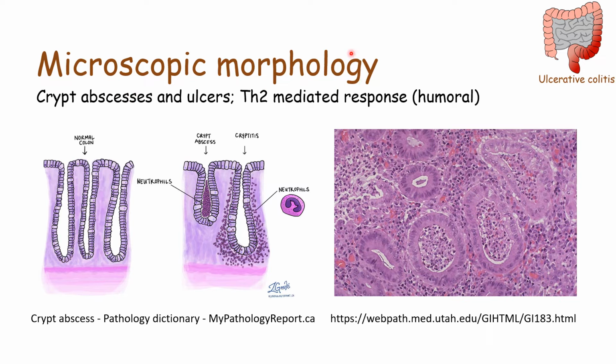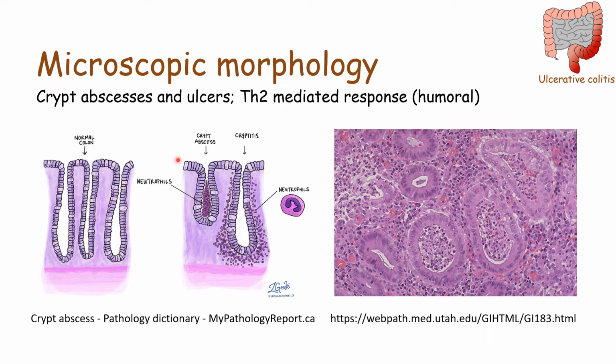So microscopic morphology now of ulcerative colitis. We will see crypt abscesses and ulcers. So here we have an image of normal bowel. These crypts are part of the normal bowel. We can see them here.